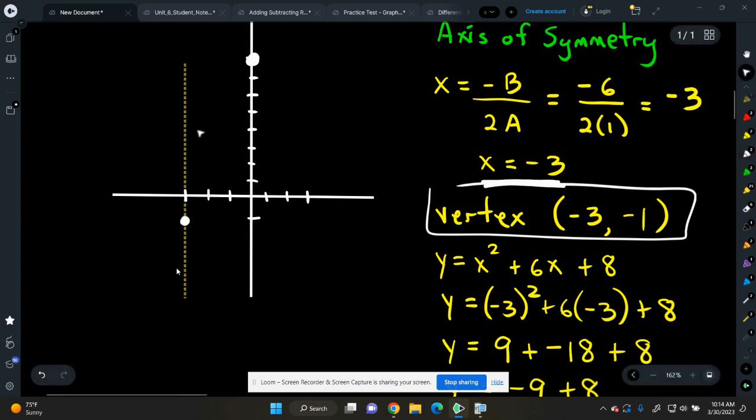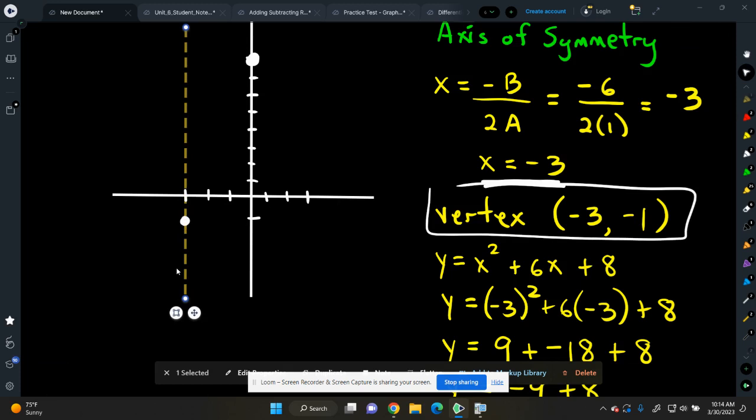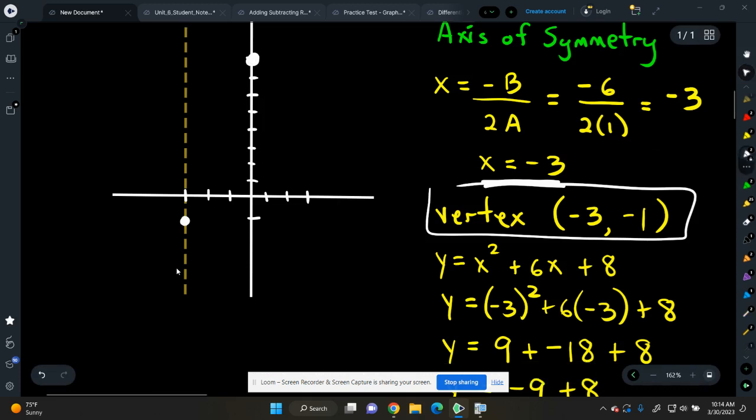This is the axis of symmetry. That means if I fold the paper on that line, both sides of the parabola will match up. Okay? So if I were to fold the paper, right? And then I wanted a matching point. That matching point would be on the other side of the axis of symmetry, right? How far away is this point from the axis?